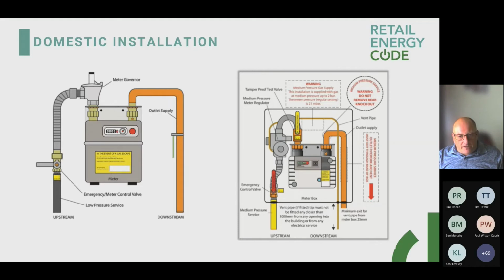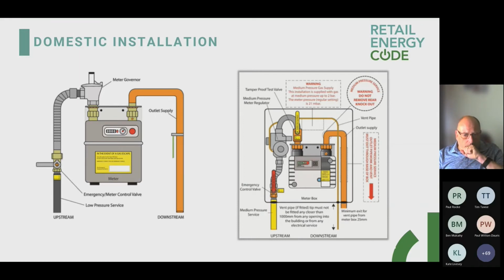From the top side of the ECV to the right-hand side of the meter belongs to the supplier stroke meter asset manager, or MAM, and the orange bit that you see going out belongs to the customer. So you can see where the demarcations are on those.